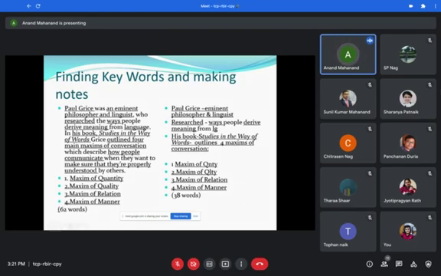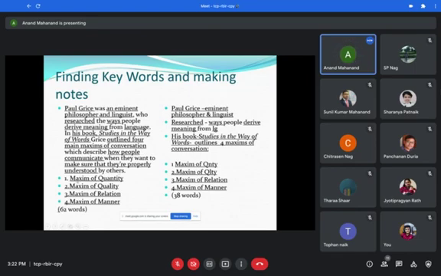So, finding keywords and making notes. This is a passage. Paul Grice was an eminent philosopher and linguist who researched the ways people derive meaning from language. In his book Studies in the Way of Words, Grice outlined four main maxims of conversation which describe how people communicate when they want to make sure that they are properly understood by others.